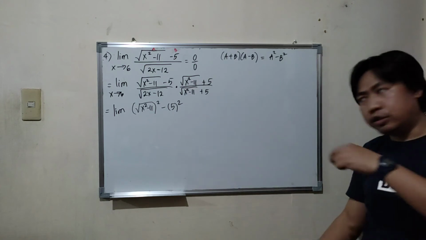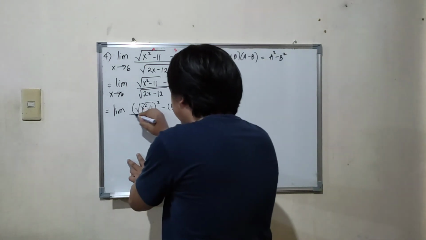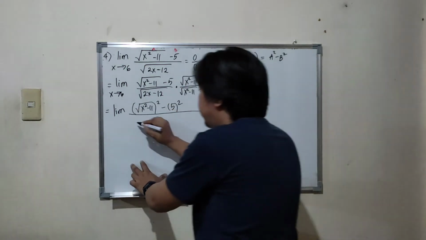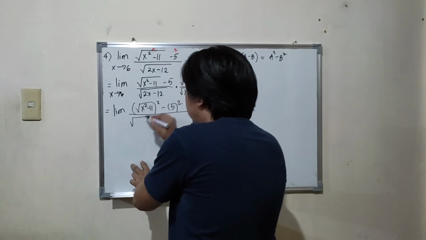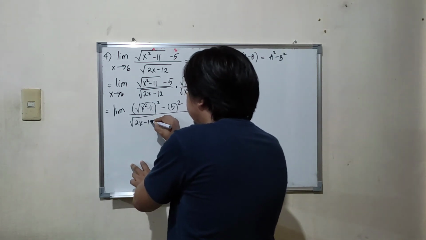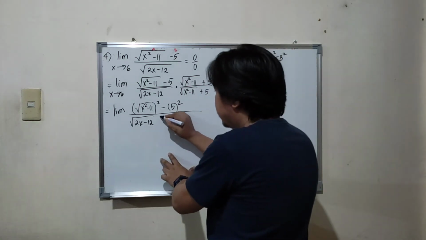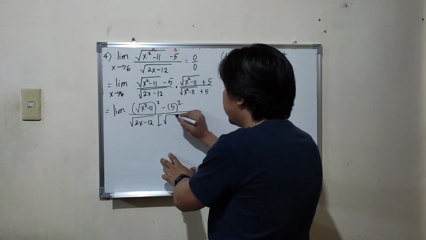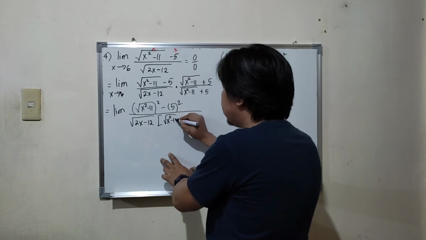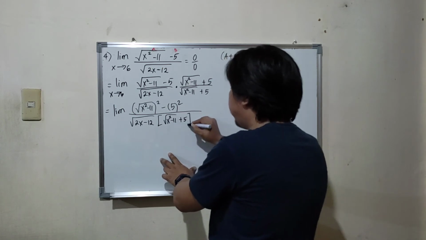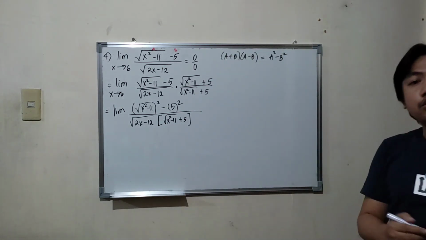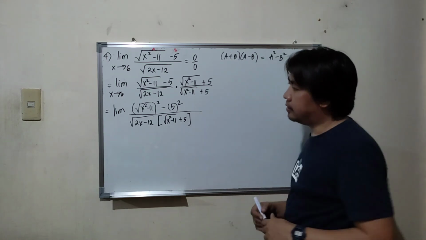For the denominator, we just multiply everything. We have the square root of 2x minus 12, multiplied by the square root of x squared minus 11 plus 5. Now we simplify the numerator.